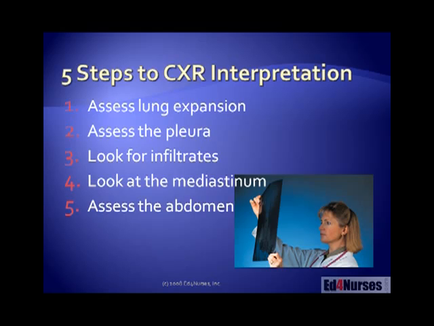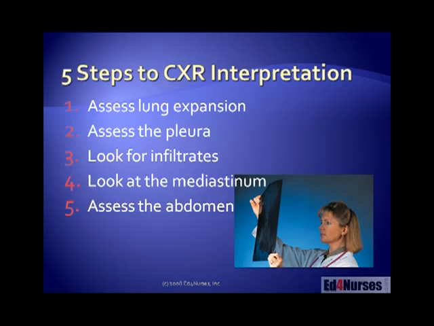Now let's take a look at our 5 steps to chest X-ray interpretation. First of all, we're going to assess the lung for full expansion. So we're going to look at that lung tissue and trace it all the way out to both sides, and we're trying to assess whether or not the lung is fully expanded. Next, we're going to assess the pleura. So we're going to see that the pleura comes all the way down to the diaphragm.